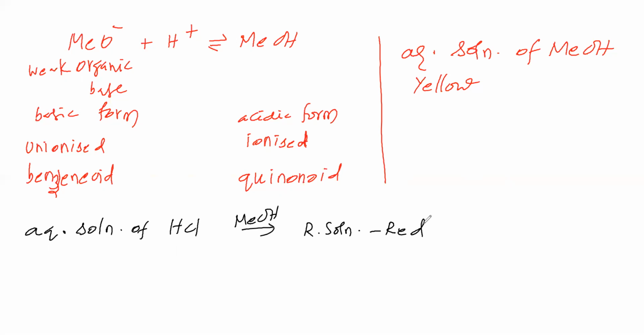Okay, this we said superficially. Actual is that we have to talk with respect to pH of solution. Based on pH of solution only we have to say which color.